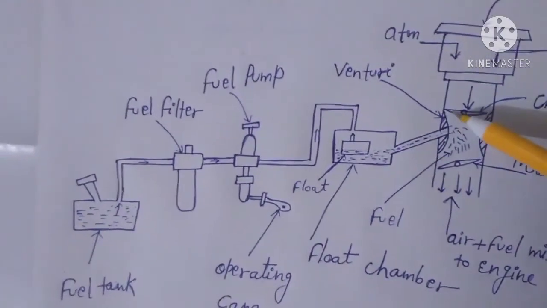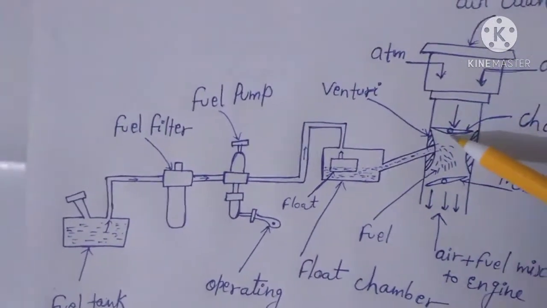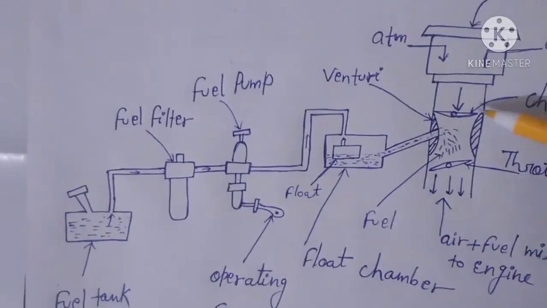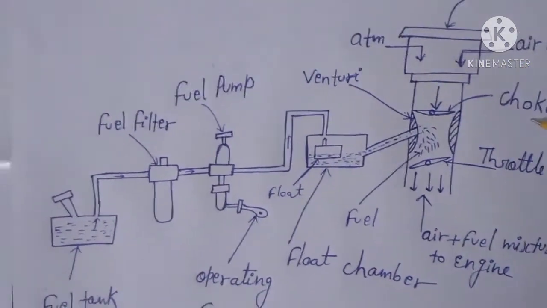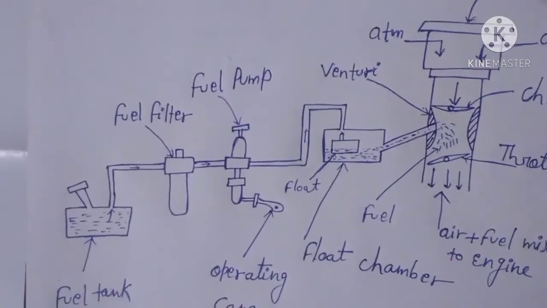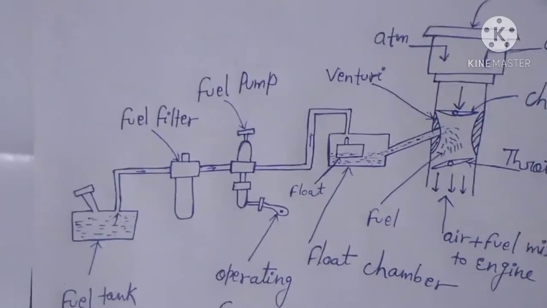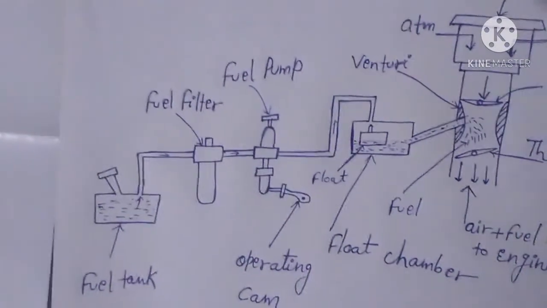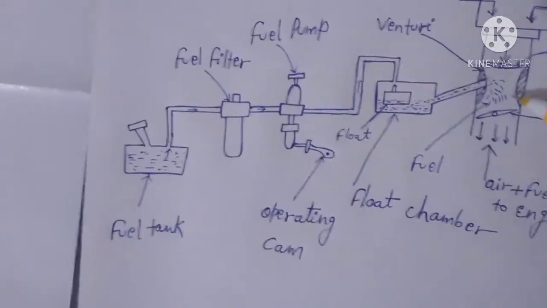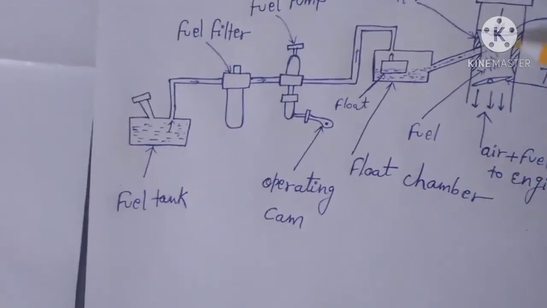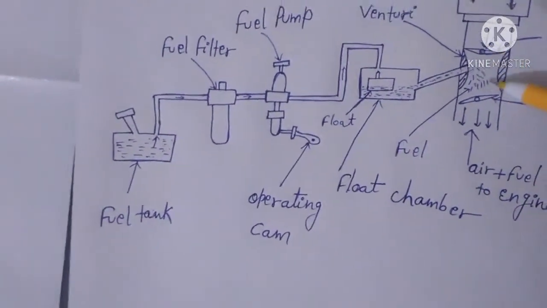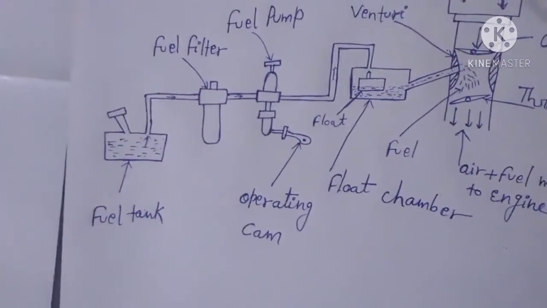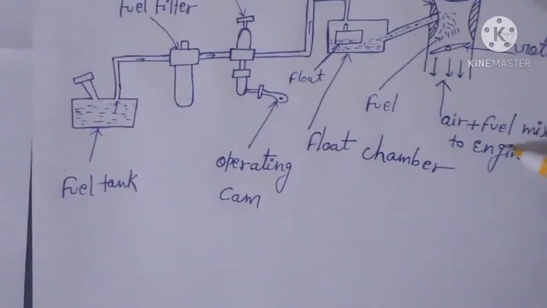An obstacle valve is located here to restrict the air, and this valve is known as the choke. In starting conditions, if you need to reach fuel, then this air will be blocked by the choke valve. After reaching here, the fuel and air mix, that means the mixture of air plus fuel.